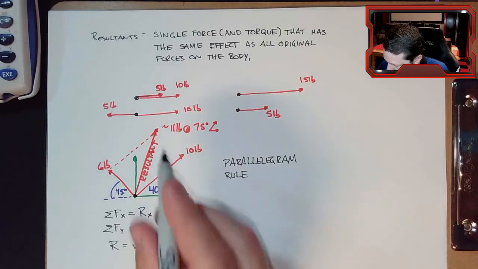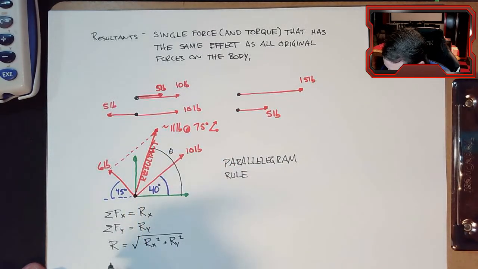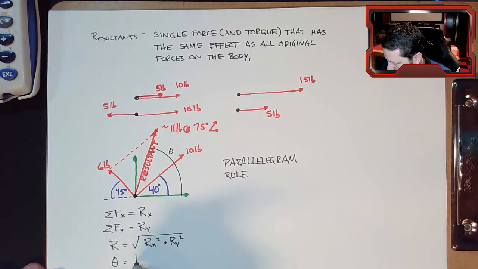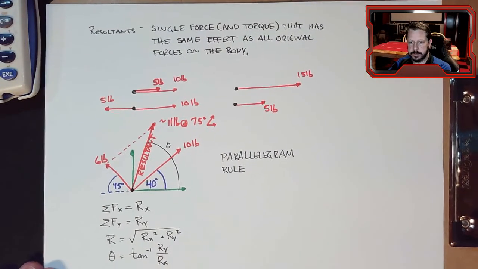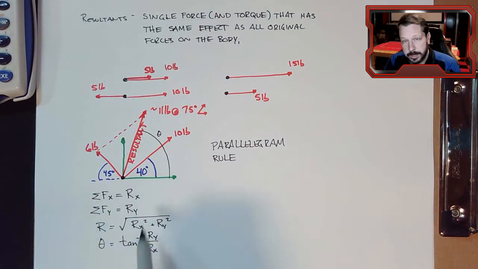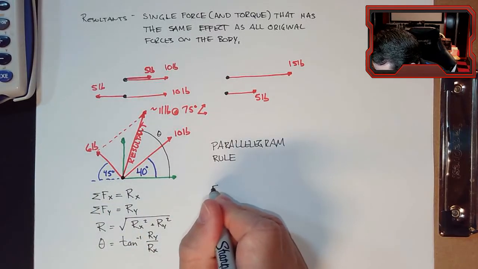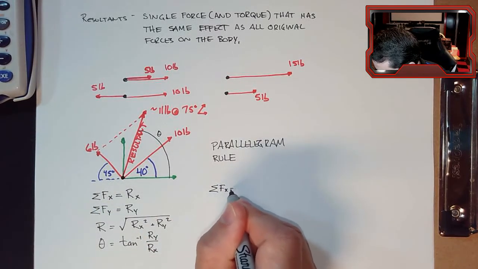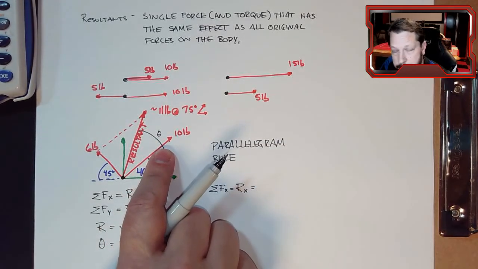The angle theta would just equal the inverse tangent of ry over rx. Oh, almost off the bottom of the screen. There we go. So if we wanted to put numbers into here, we could do that. We could write this equation: summation of forces in x equals the x component of the resultant equals the x component of the 10-pound force.